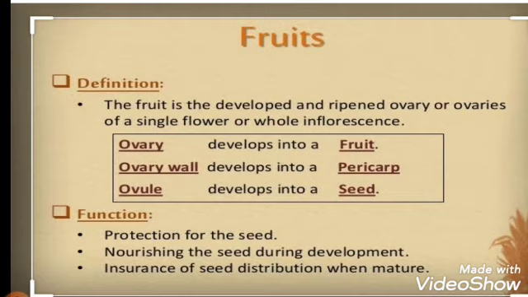Pericarp consists of 3 parts. The thin outermost part is the epicarp. The sweet fleshy part is the mesocarp, and the innermost part that contains the seed is the endocarp. The functions of fruits are to protect immature seeds and store food material. Fruits are of 2 types.